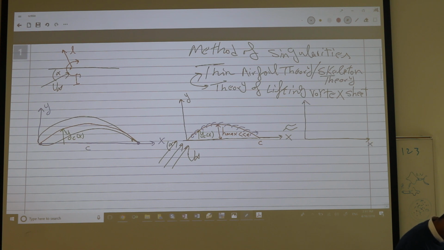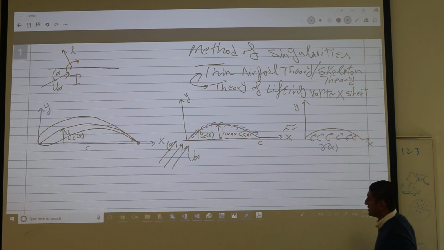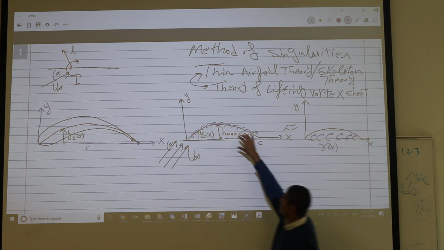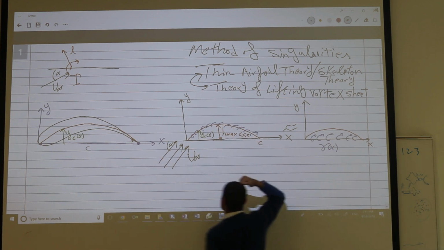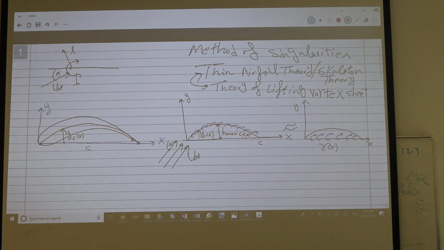So this is x, this is y, this is your skeleton. But my distribution of vortices, gamma, now is a function of x, it's on the x-axis, okay? This distance is much smaller with respect to that distance. Remember, this distance is the disturbance to the flow, and we linearized the theory, so it's convenient to consider small disturbance.